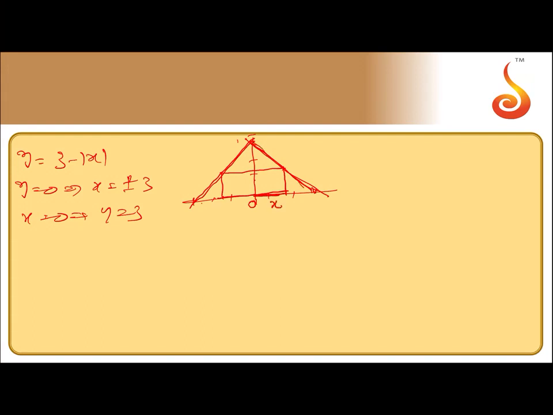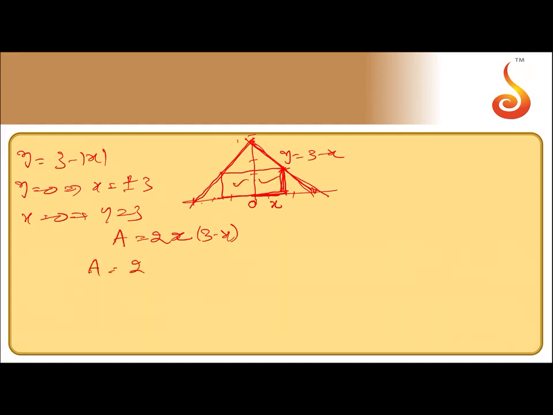Definitely, when you substitute x, the y value is equal to 3 minus x. So this is y, 3 minus x, this is x, and the area of this rectangle is length into breadth. The length is x and the breadth is 3 minus x, and twice of it is the total area, that is nothing but the area of the rectangle.